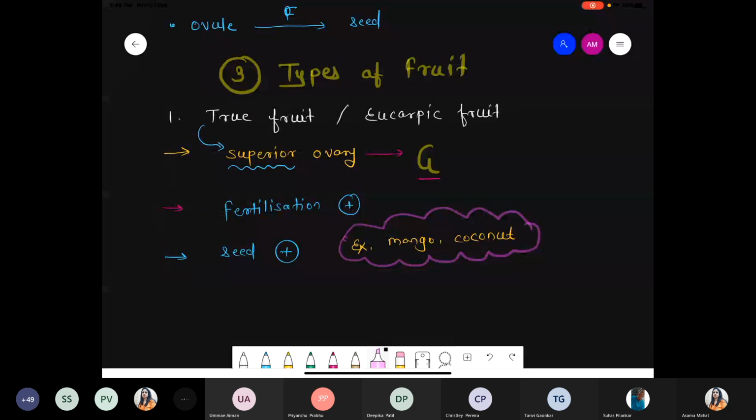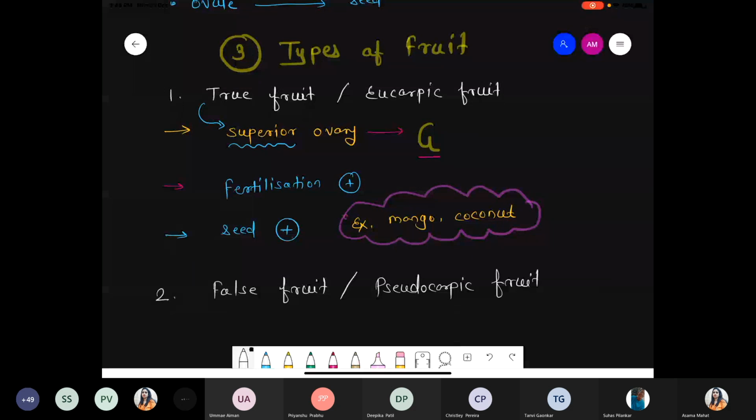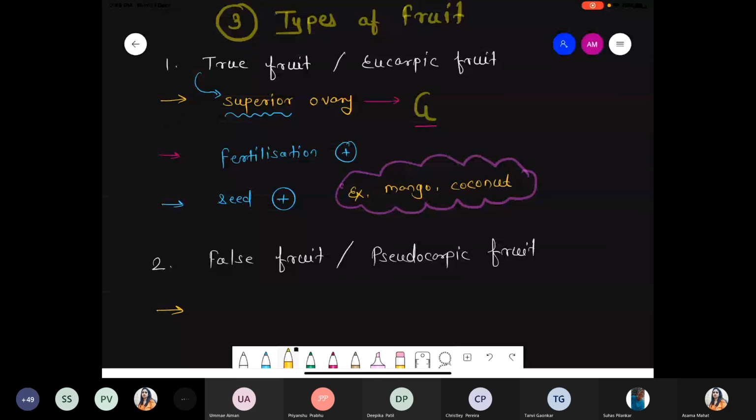Straightforward. Now, the second part of the fruit, that is false fruit, also called pseudocarpic fruit. Pseudo means false, pseudocarpic fruit. So quickly we compare this. First point, which type of ovary is present?